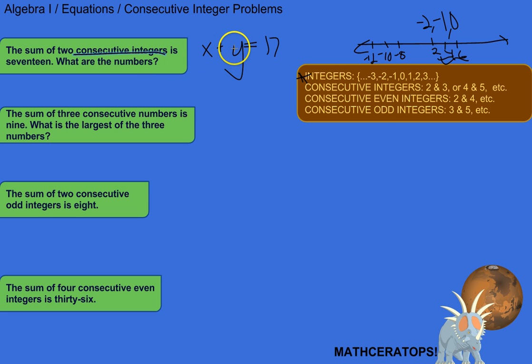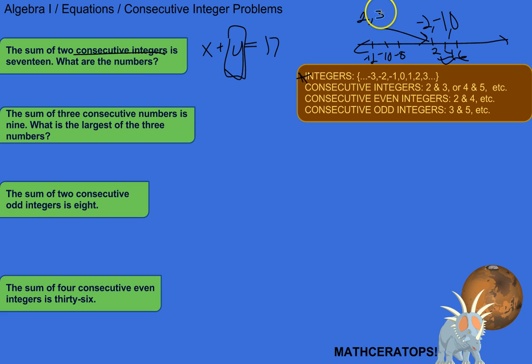So what we need to do is rewrite one of these in terms of the other. Say, pretend one of these numbers is 2. Say x is 2. What would an integer that's consecutive with it be? Well, 3 is the next consecutive integer.